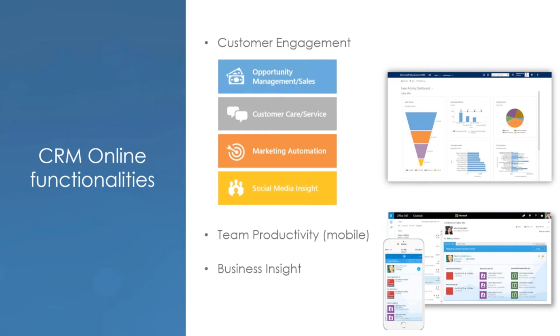The third one is marketing automation. This is a solution for marketing operation, planning and execution. The main functionalities are campaigns and leads. The last one is social media insight. That's kind of new. Today's customers are looking on the internet to learn about products.